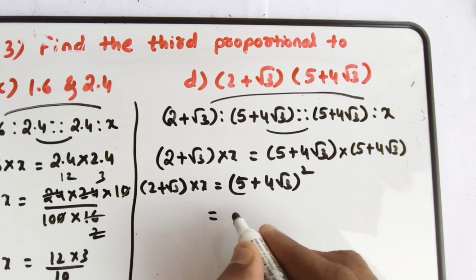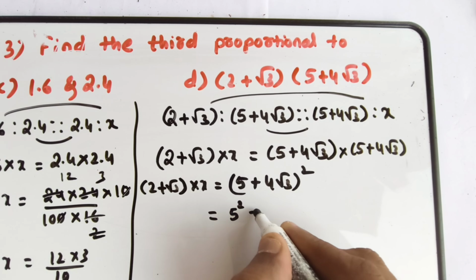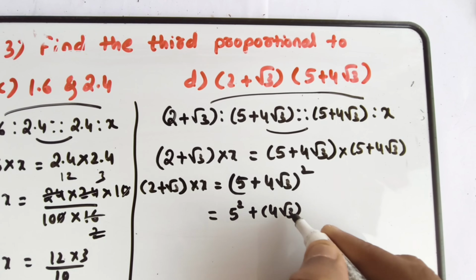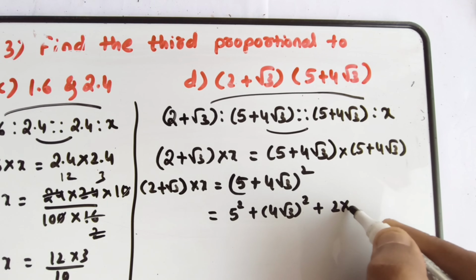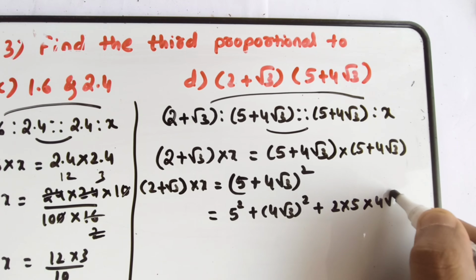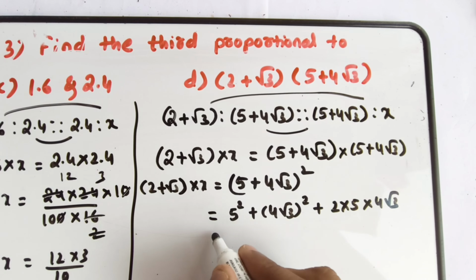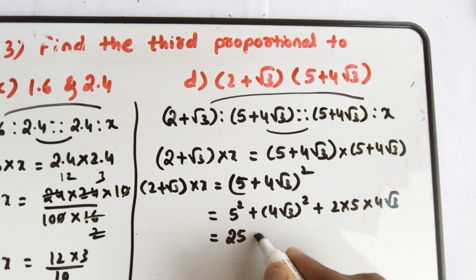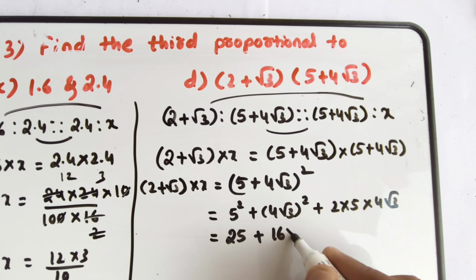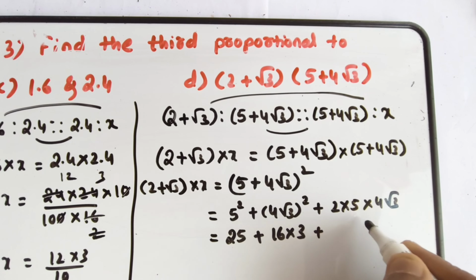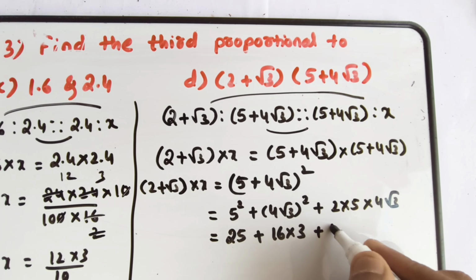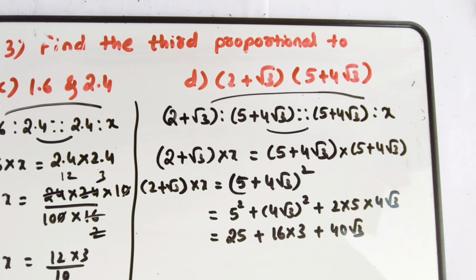It is the expansion of a plus b whole square: 5 square plus 4 root 3 bracket square plus 2 into 5 into 4 root 3. 5 square is 25, plus 4 square is 16, root 3 square is 3, plus 2 5s are 10, 10 4s are 40, 40 root 3.